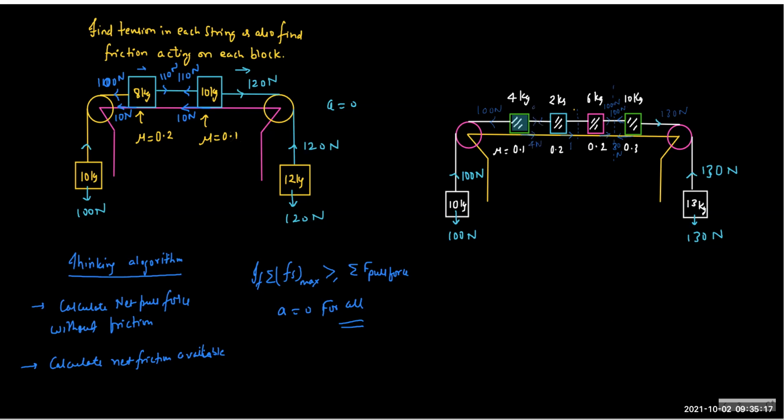This was 96. And 96, this was 4 Newton again. 92, yes. And now 92 is acting towards left, 100 is towards right. So what we are left with is 8 Newton. So we need 8 Newton towards left. So this is the right answer.